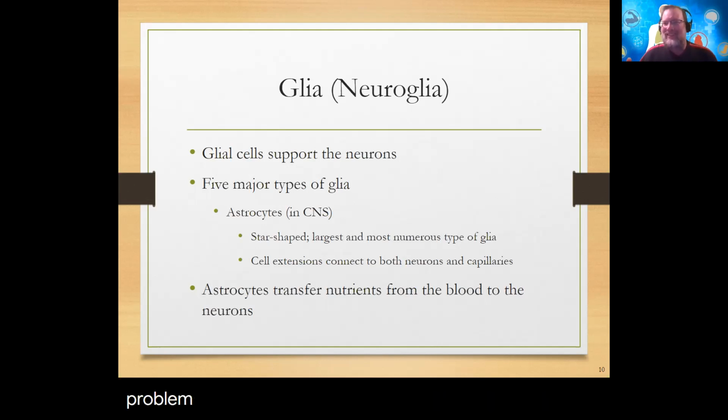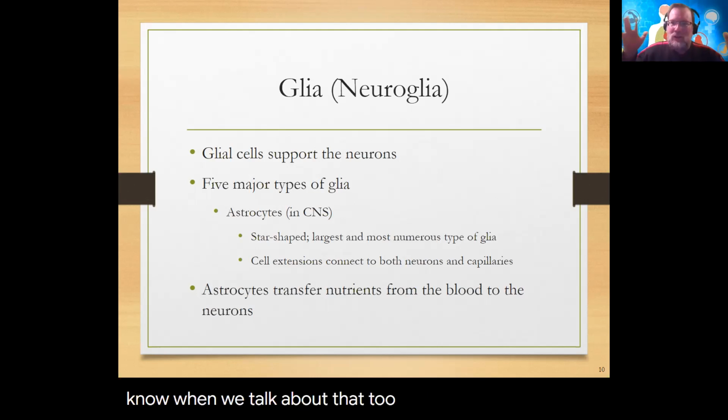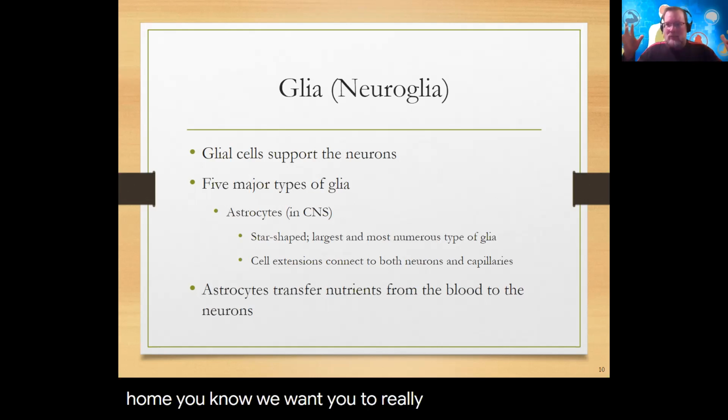The problem is the second they leave, they're in the car, they're on the road, those folks generally have poor coping skills, and we talk about that too. Now look, Mr. Smith, when you leave the clinic today and when you get home, we want you to be aware of your surroundings, but not hyper aware.